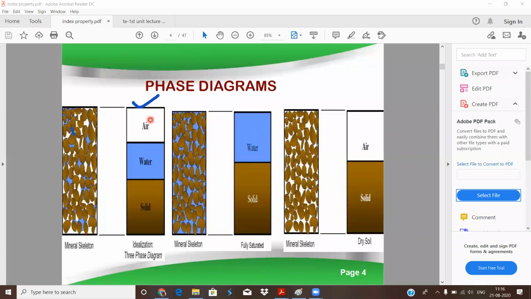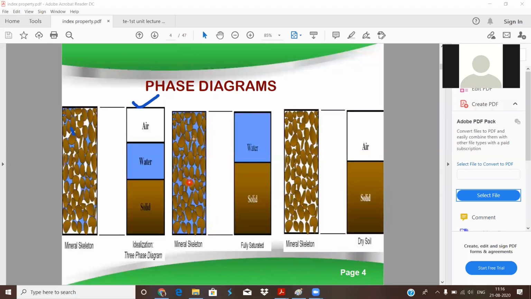This is generally available in partially saturated soil, meaning some amount of air and some amount of water.